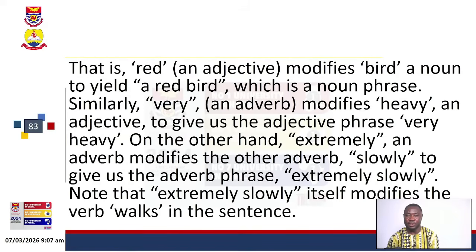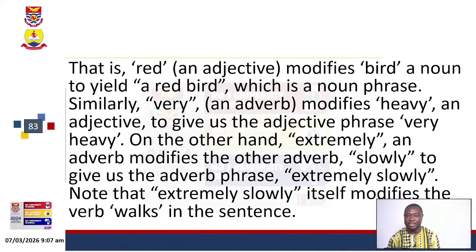In a similar way, if you add very to heavy, you are trying to modify the heaviness by amplifying it or downtoning it. In this case, the heaviness has been amplified with the word very. It could have been slightly heavy, a bit heavy, that is downtoning the heaviness. But here, it has been intensified, very heavy. So here, we have an adjective to give us the adjective phrase, very heavy.